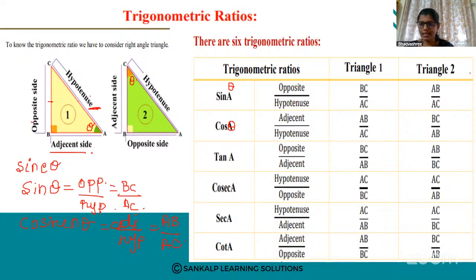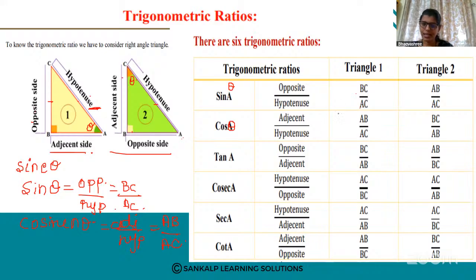Okay. Next, what is there in triangle 2? See, sin theta means opposite divided by hypotenuse. In the first triangle, it is BC divided by AC. In the second triangle, the opposite side is AB and the hypotenuse is AC. The side opposite to theta is the opposite side, the side between theta and 90 degrees is the adjacent side, and the side opposite the 90 degrees is the hypotenuse. So the opposite side is AB and the hypotenuse is AC, right?